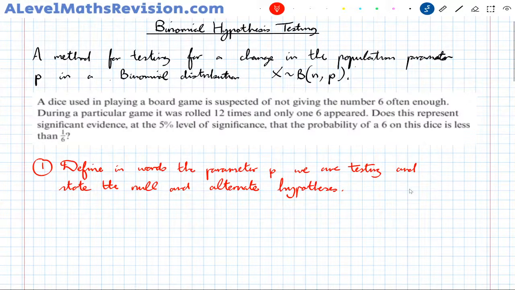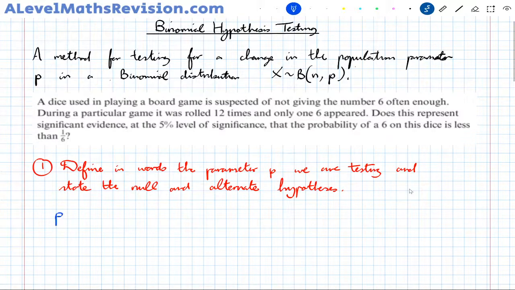And this is a particular branch where we've just got to do loads and loads of examples until you actually get it. So it's a very difficult topic to introduce. So bear with it. After about the third or fourth example, the mist will start to clear. So what we're testing, basically, is whether P is a sixth, and we suspect it to be less than a sixth.